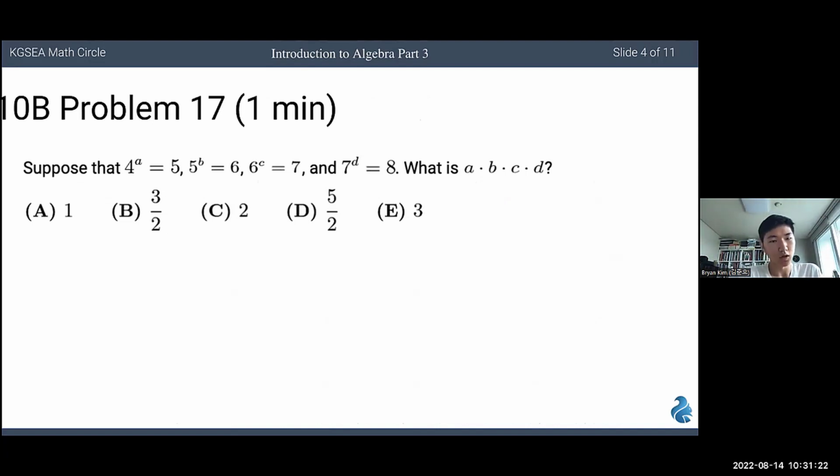So the first problem we're going to take a look at is problem 17 from the 2005 exam. I'll give you 1 minute to process the problem and take a stab at it. Our problem reads: suppose that 4 to the power of a equals 5, 5 to the power of b equals 6, 6 to the power of c equals 7, and 7 to the power of d equals 8.